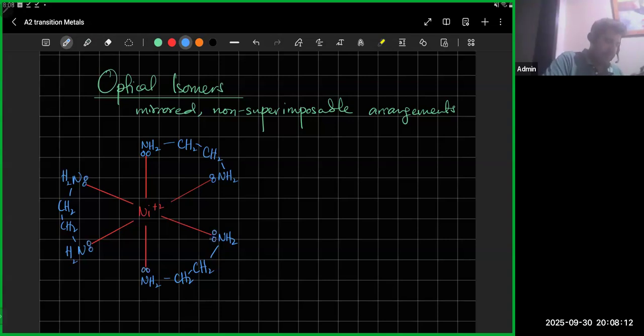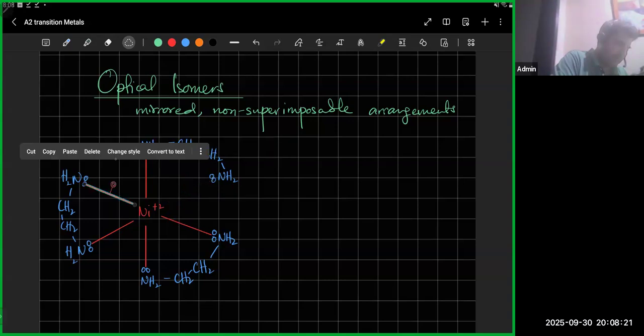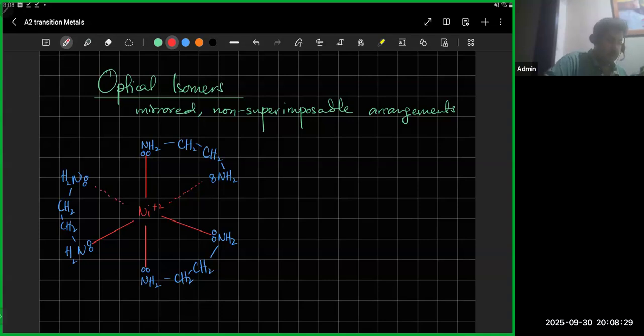So now I have to draw a mirrored version. Also, I would get rid of this just to show you that this is going into the page. So I'm drawing a dotted line. So that shows that that's your X, Y, and Z axis.